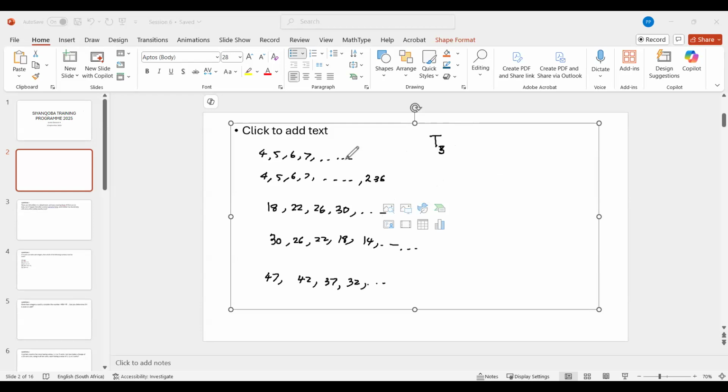So in this sequence here, T3 is equal to 6. Same here. So in here, T3 is 26. Here, T3 is 22. And T3 is 37 here, right? That subscript, what you call a subscript, refers to the position of the term, right? So this is the third term.